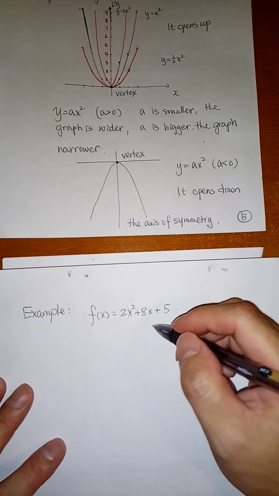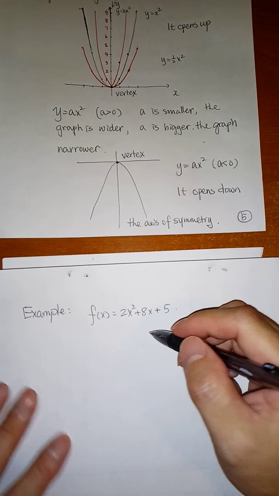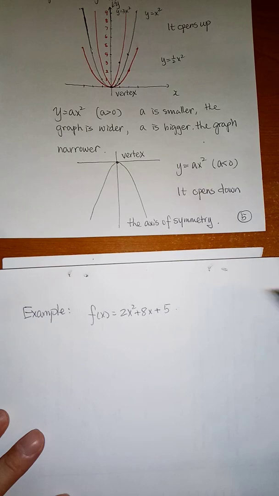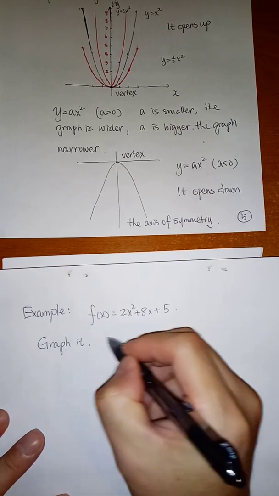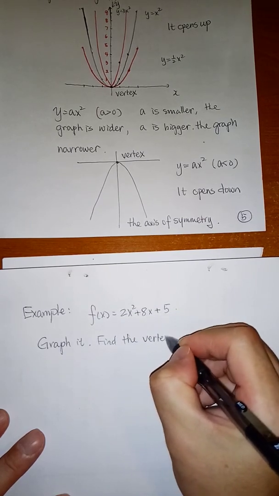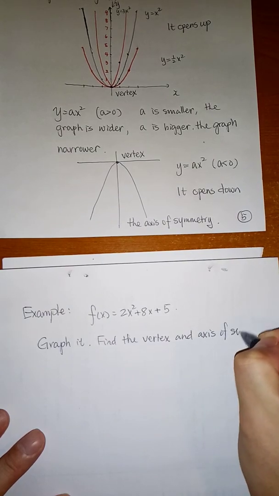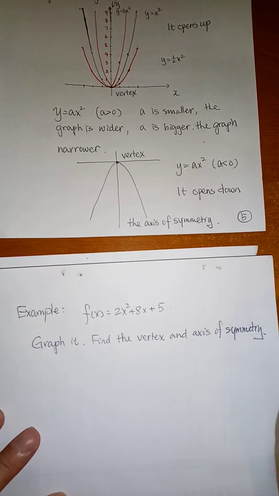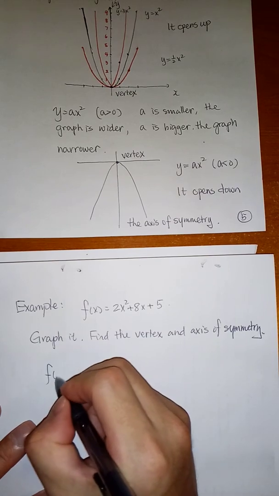We want to find the graph, and we want to see the vertex and the axis of symmetry. Okay, so graph it, find the vertex and axis of symmetry. Okay, so how do we do that? We'll copy it here.